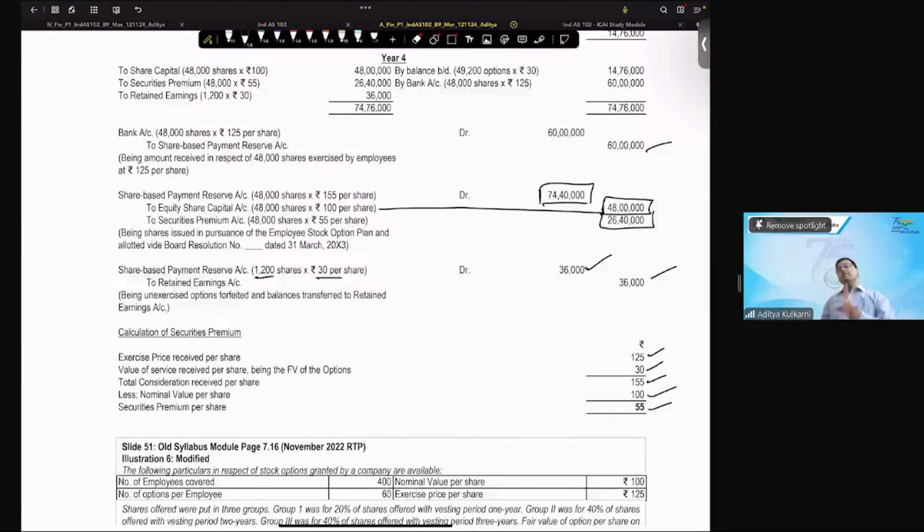You cannot leave this share-based payment reserve idle, especially when there are no options left to be exercised. Securities premium will remain at 55. Are we okay with this? Yes, sir. Accounting wise, all the 4 years are clear.